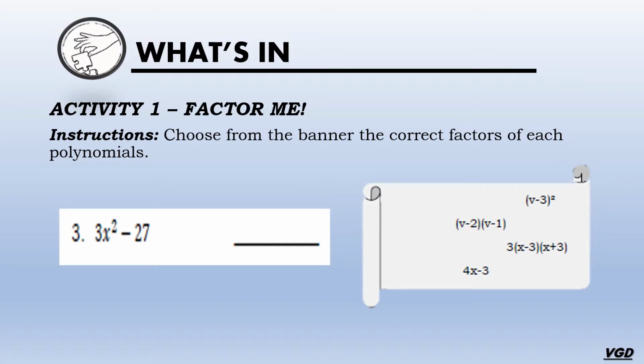And as we all know, x squared minus 9 is a perfect square. So all we have to do is just to extract the square roots of x squared and 9, and we got x minus 3 times the quantity of x plus 3. So, our factor for 3x squared minus 27 is equal to 3 times the quantity of x minus 3 times the quantity of x plus 3. And that is the answer.